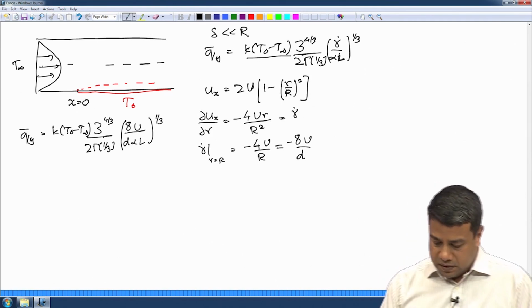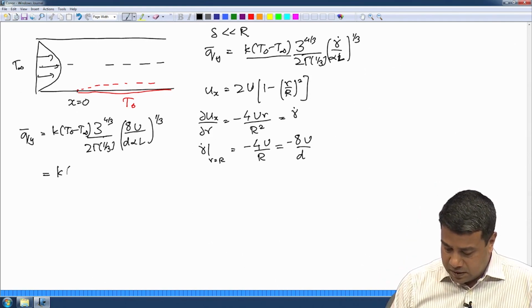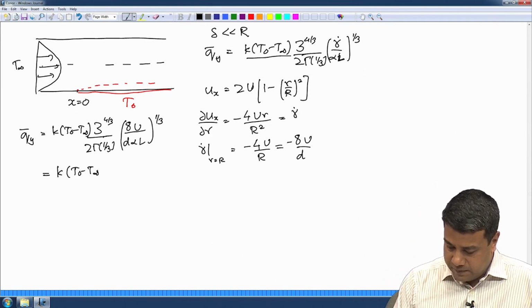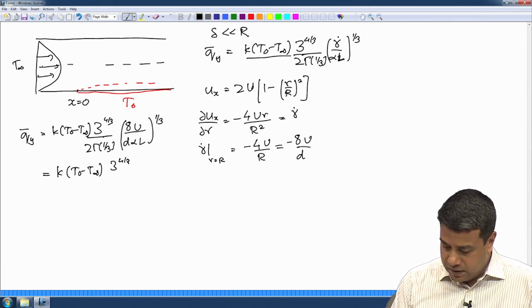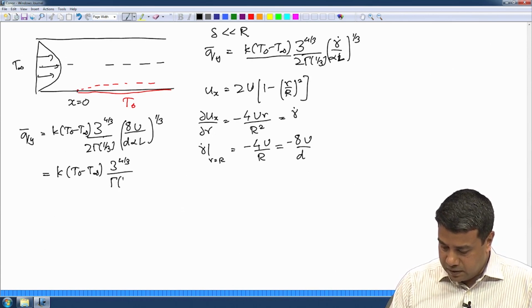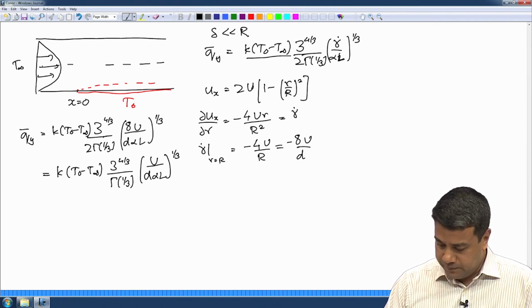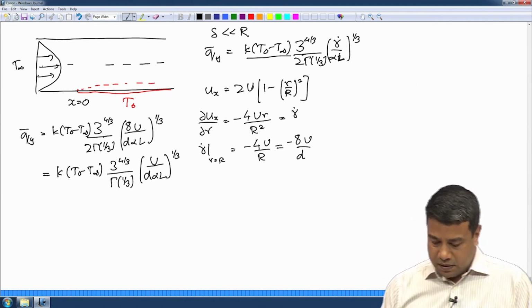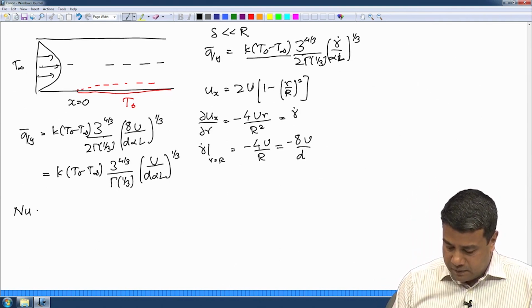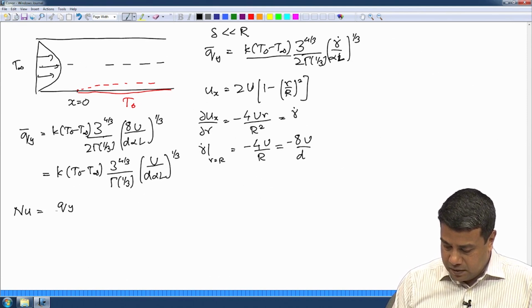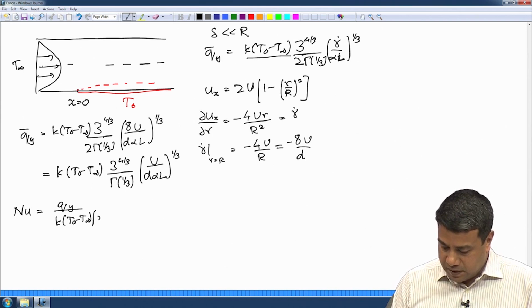And this is just k into T naught minus T infinity 3 power 4 by 3 by gamma of 1/3 into u by d alpha L whole power 1/3. Now, the Nusselt number for a pipe flow is defined as Qy by k into T naught minus T infinity by d.